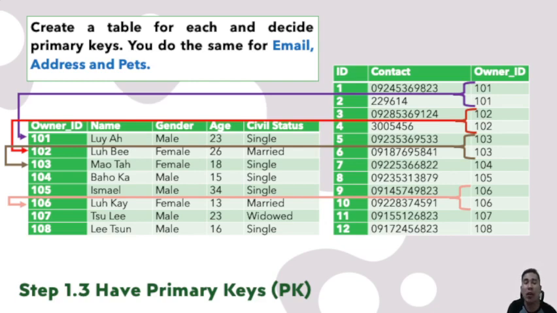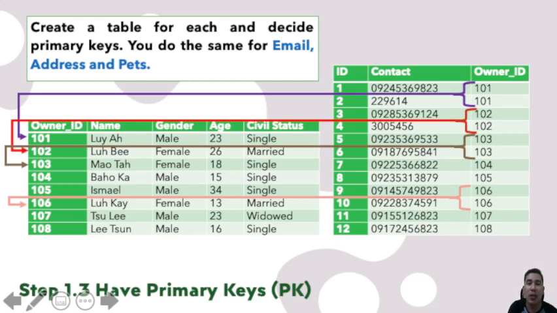As you can see, owner ID 101 has two contacts, which are contact ID 1 and 2. Owner ID 102 also has two contacts, the same with 103 and 106, while the rest only have one contact. Now, as you can also notice, we assigned a primary key for our contact table.